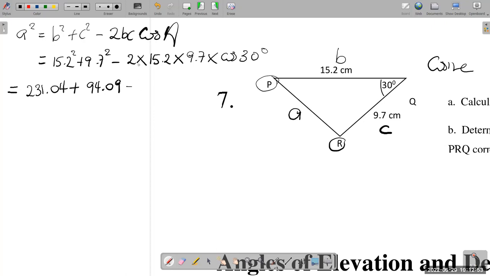Excellent. Next, here's how you treat this part. This is really four things you're multiplying. You multiply 2 times this first, and then you find the value of cos 30. Everybody with me? So somebody multiply 2 times 15.2 times 9.7. What do we get?